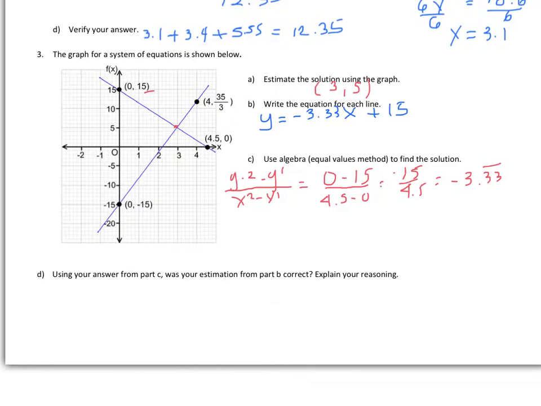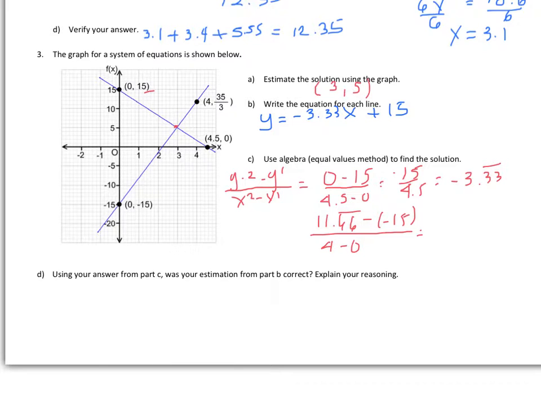All right, let's take a look at the second one. y2 is 35 divided by 3, which is the same as 11.66, minus negative 15 over 4 minus 0.